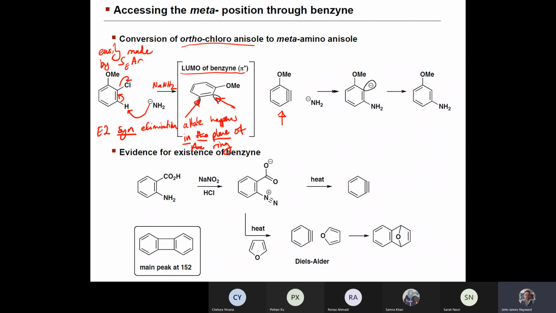It actually attacks in the sigma plane of the ring. So when we do this deprotonation, this E2 elimination, we generate the alkyne, and that is the only benzyne that we can form here. Okay, there's no other protons that we could have deprotonated to get through to this.